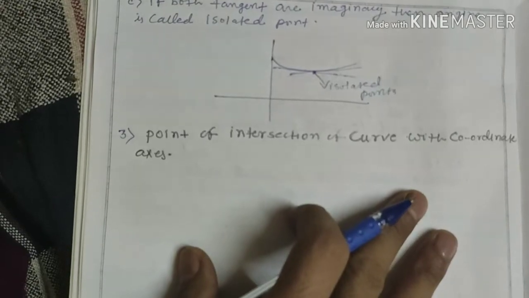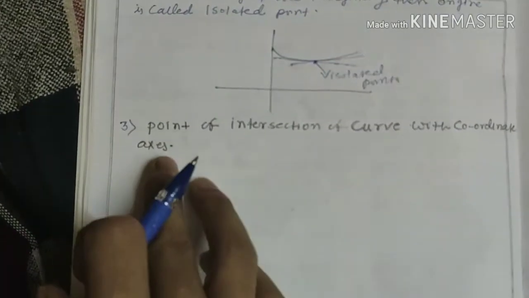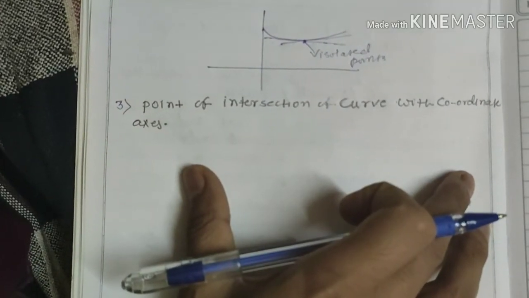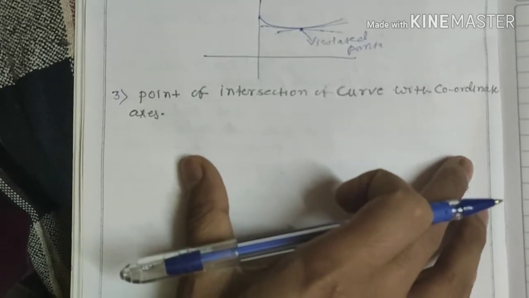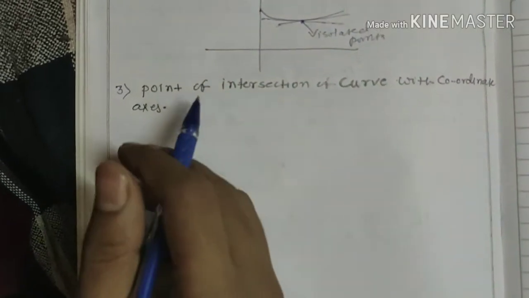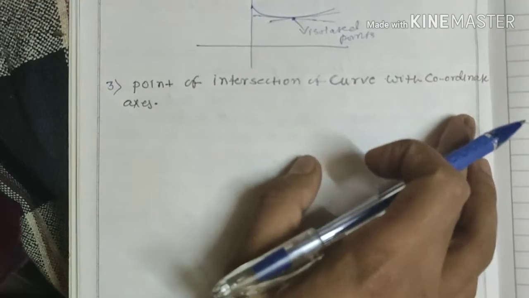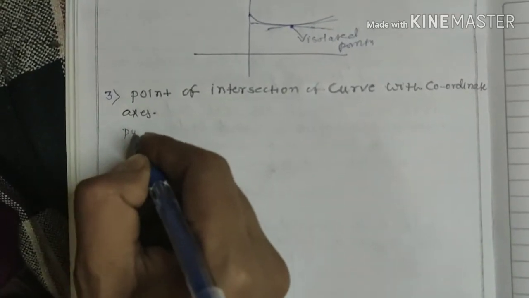So the third step is the point of intersection of the curve with the coordinate axes. This is the third step to determine the tracing of a curve of a Cartesian equation. The step is the points of intersection of a curve with the coordinate axes.